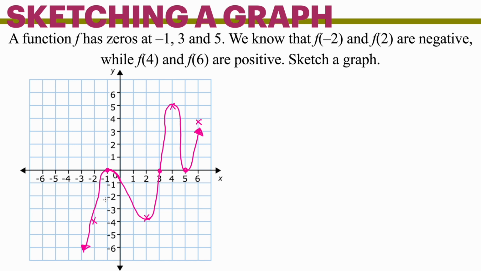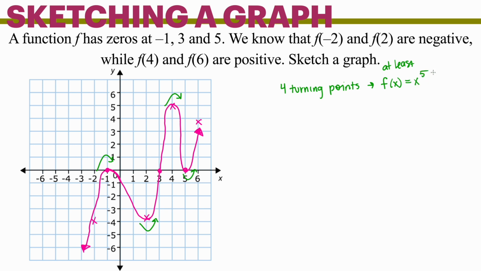Now we can actually figure out what that is. How many turning points are there? It turns here. That's one turning point. Here's another one, it turns. Here's another one, it turns. And here's another one, it turns. There are 4 turning points. So therefore, that means it must be at least an x to the 5th.